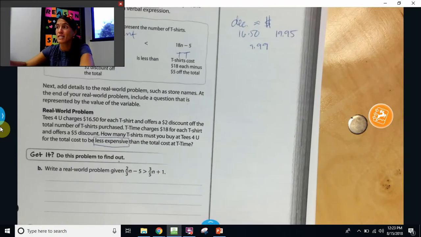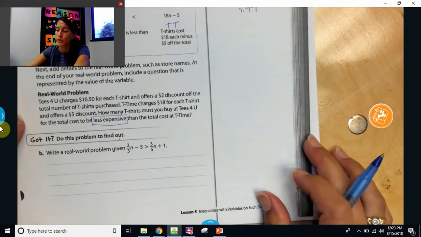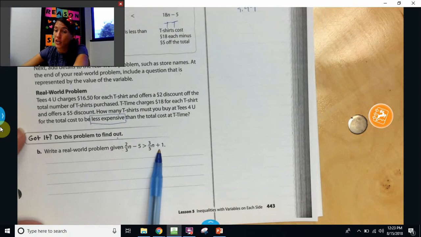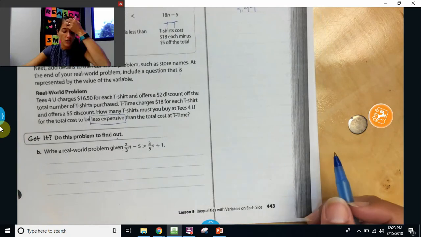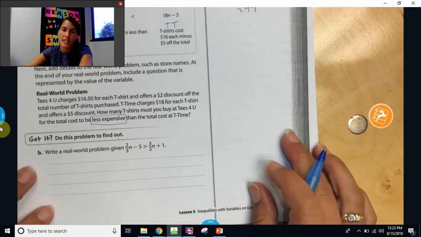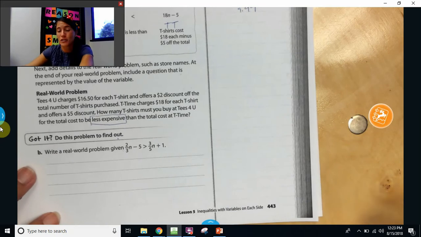So let's do one of these together, because I know this one was done for you. Write a real world problem. So we have an inequality. Now we don't have decimals, we have fractions. A key when you're doing fractions is you don't want to do money, but you could do almost anything else.